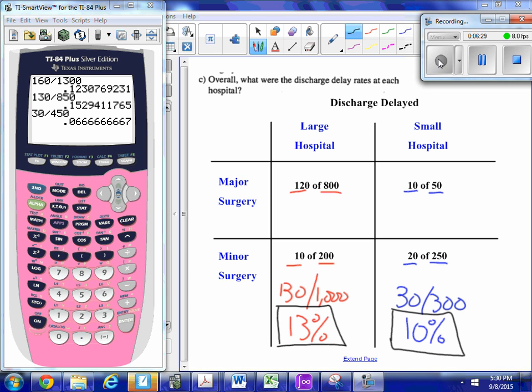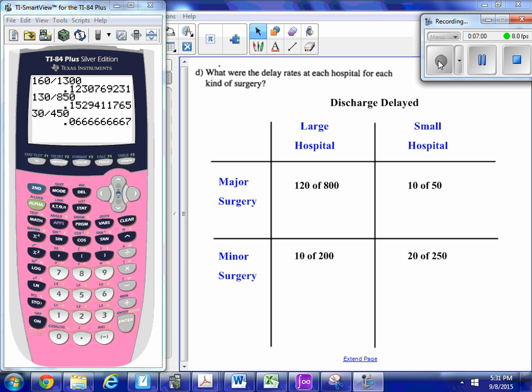But notice that the large hospital does a lot more major surgeries than minor surgeries, and the small hospital does a lot more minor surgeries than major surgeries. So the small hospital is doing more of the types of surgeries that are not likely to be delayed. That might be why they look better here. But again, mainly I want you to see how to use this table.